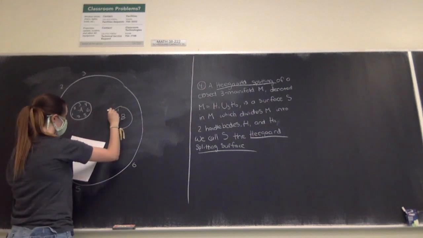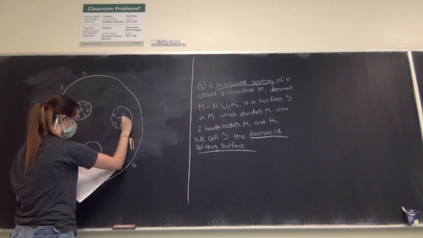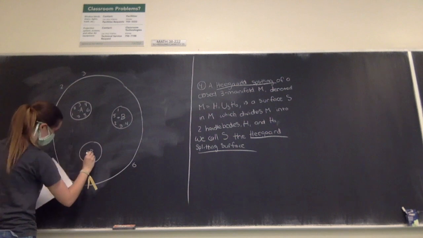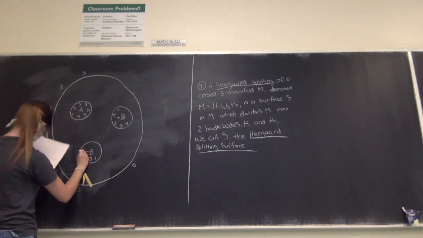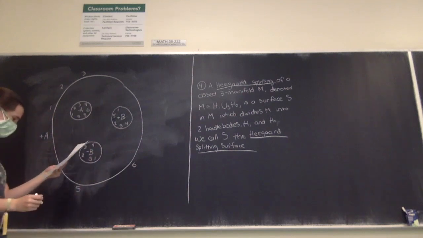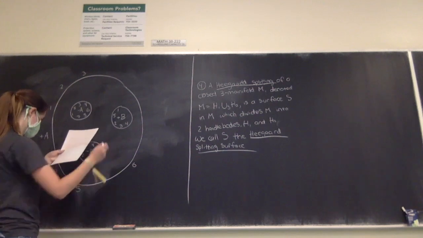We have 1, 5, 2, 3, 4. And we have 1, 5, 2, 3, 4. And then there are going to be different cycles corresponding to these points, which we'll denote by these arrows.